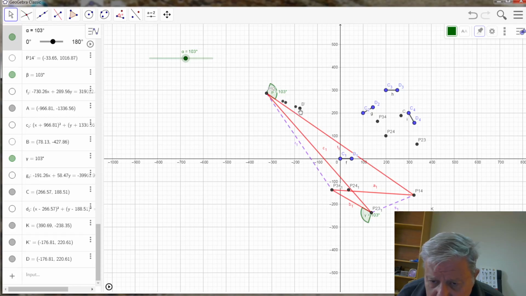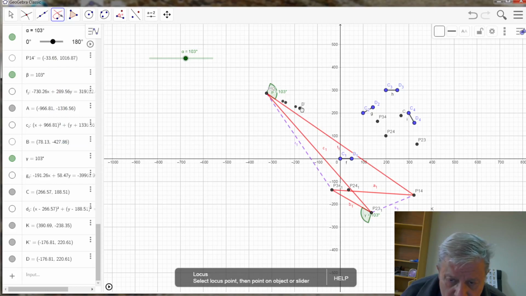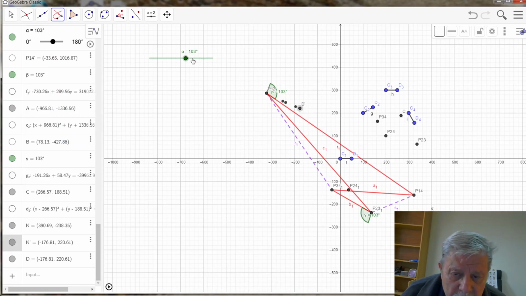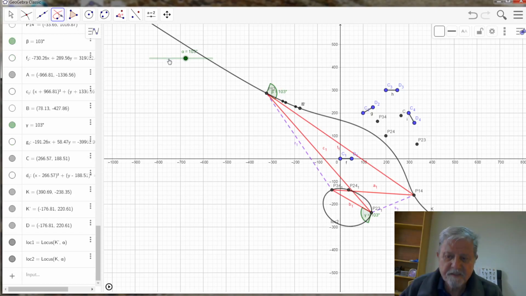I called it K, it's the D. Let me do the locus of this point, this portion. I have to find the other point. Yes, this point. This is the circle point curve for these four positions of the moving plane.